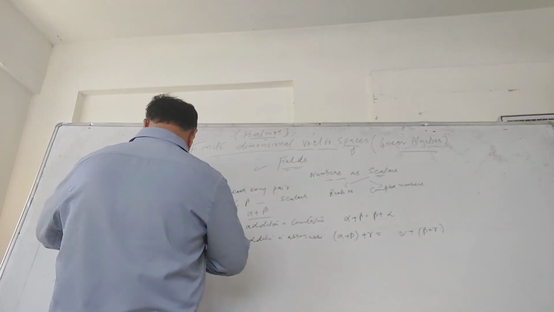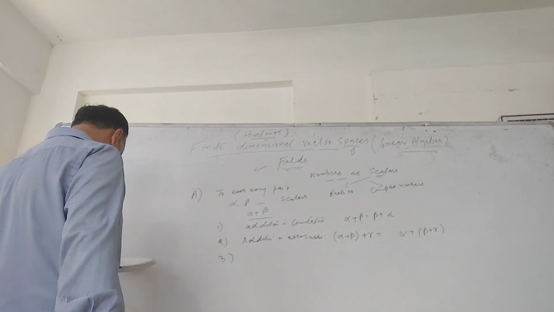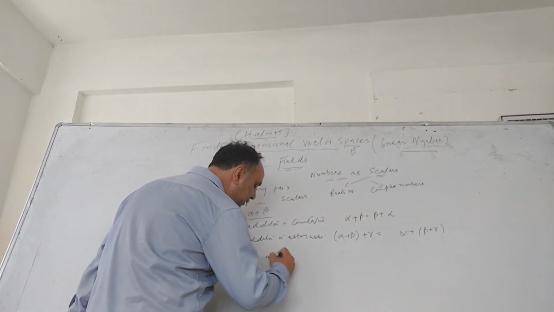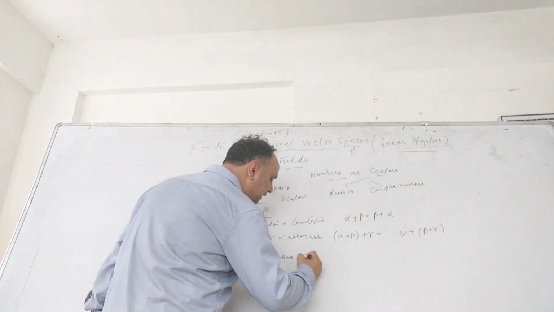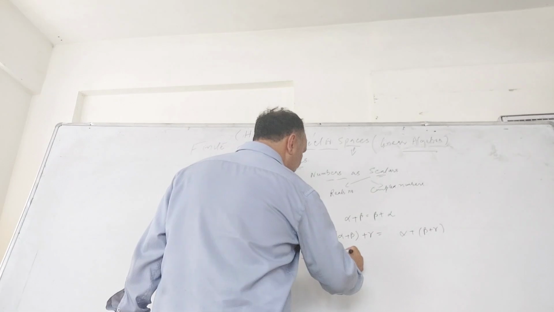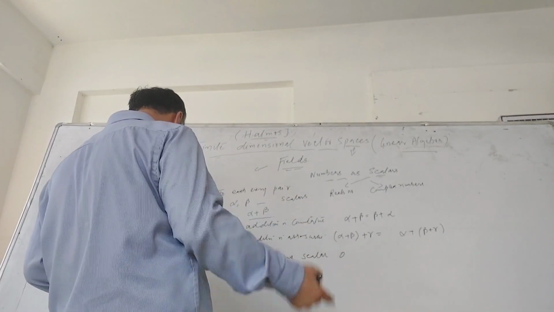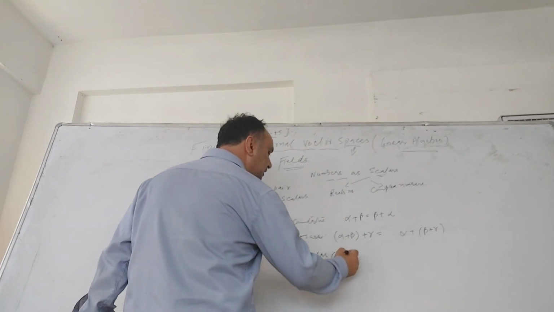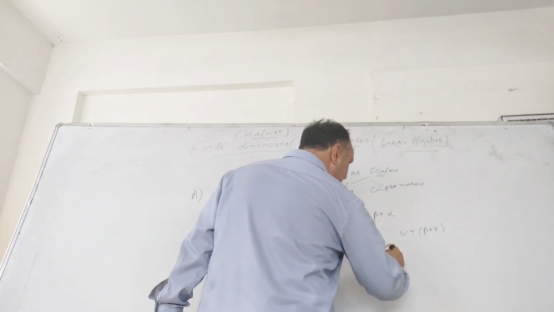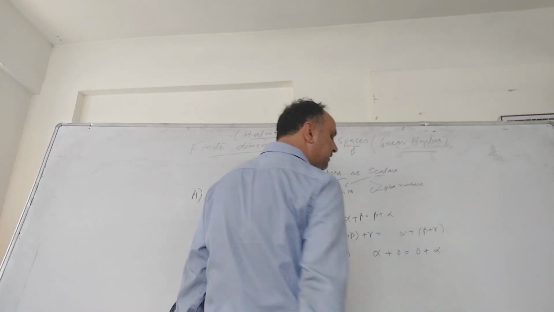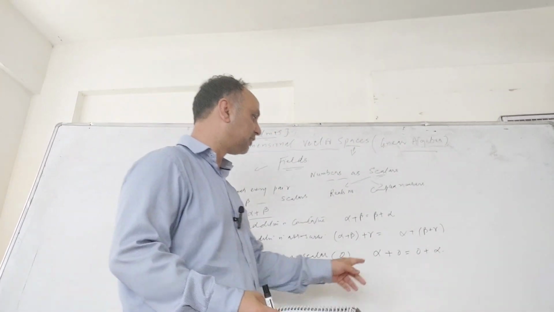The third property is that there exists a unique scalar, which you normally take as 0, such that if we add this scalar 0 to any scalar, it will not change anything.